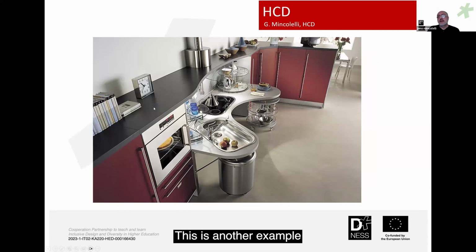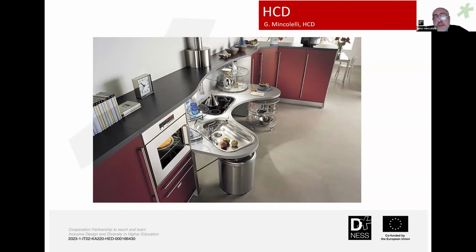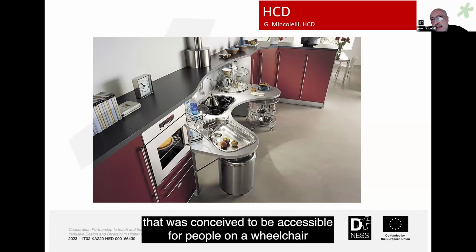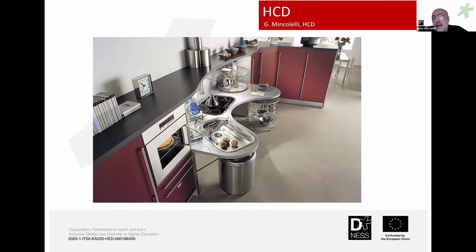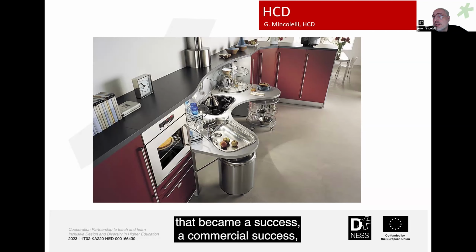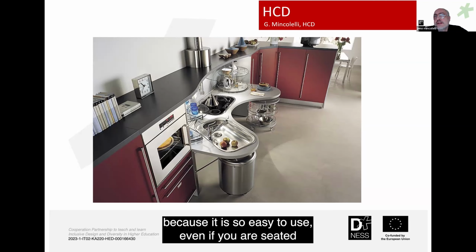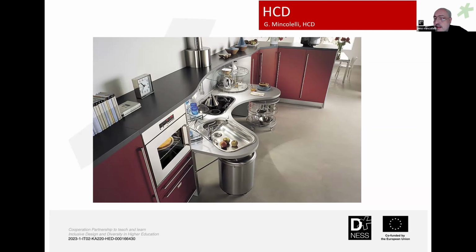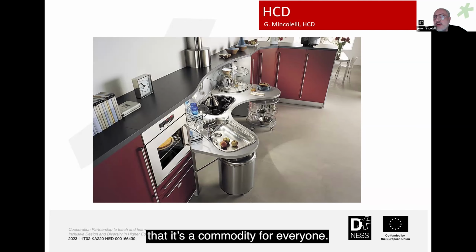Well, this is another example of a kitchen made by Lucci e Orlandini for Snaidero, that was conceived to be accessible for people in a wheelchair, that became a commercial success because it is so easy to use, even if you are seated. That represents a commodity for everyone.